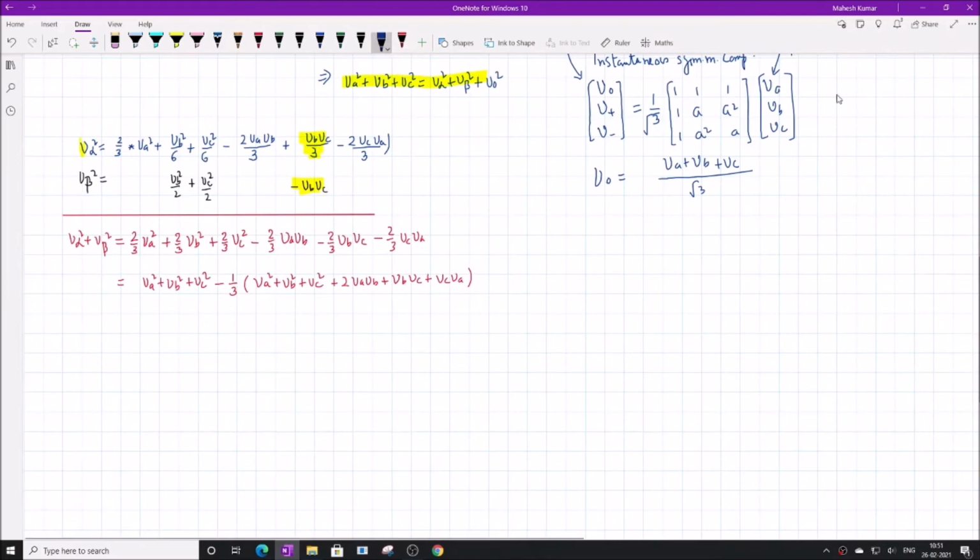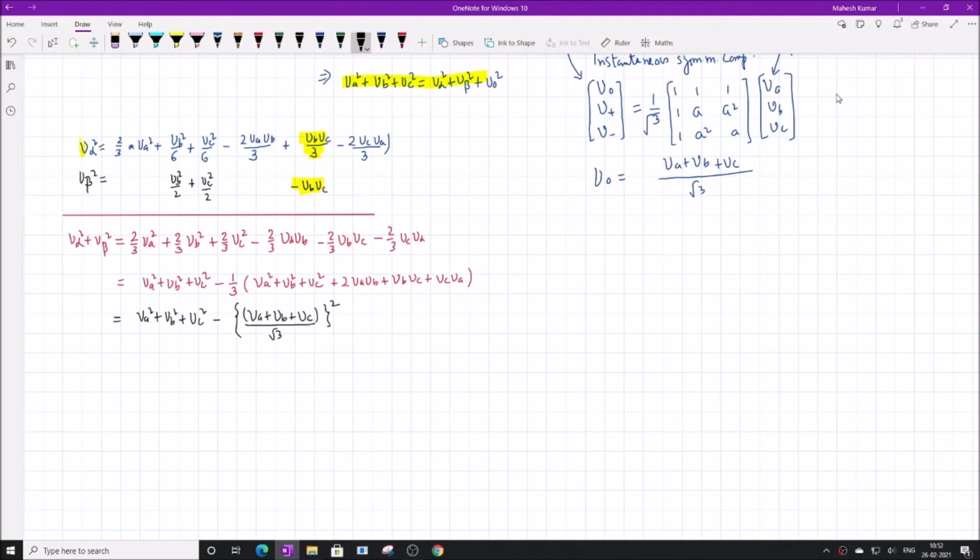Okay, this whole thing is actually Ba square plus Bb square plus Bc square minus Ba plus Bb plus Bc by root 3 and whole square of that. Okay, whole square of that.